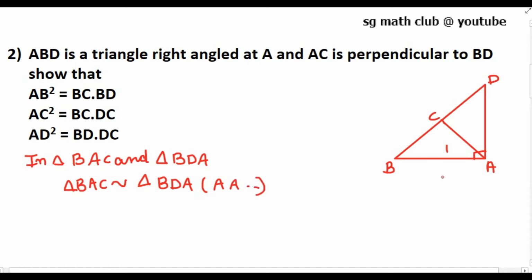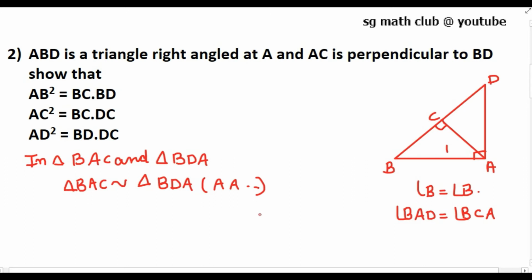Why? Because if you take these two triangles BAC and BDA, angle B is common for both the triangles. Again, angle BAD is 90 degree, and angle BCA is 90 degree.